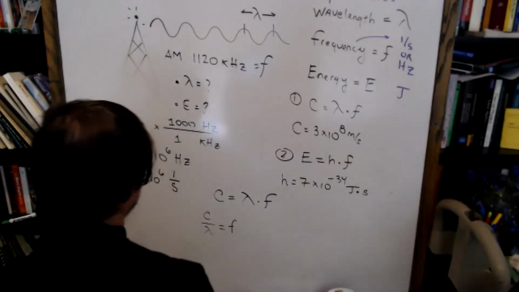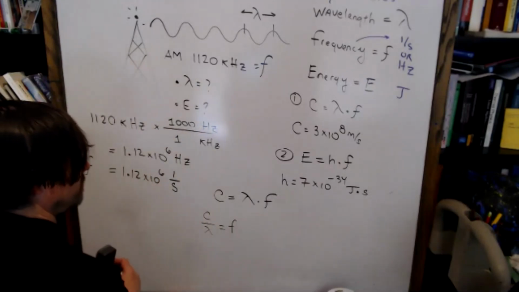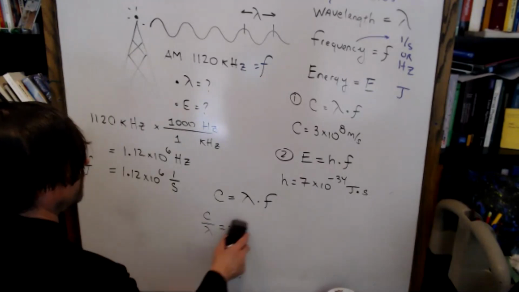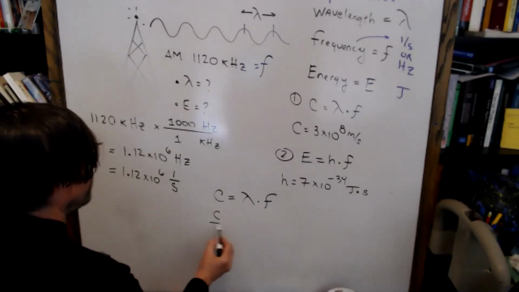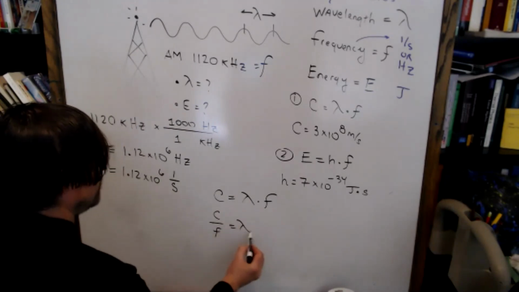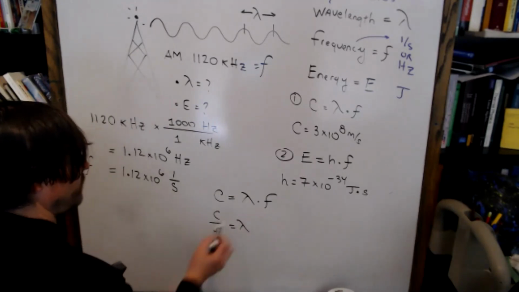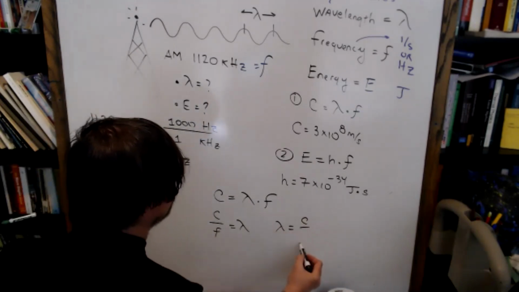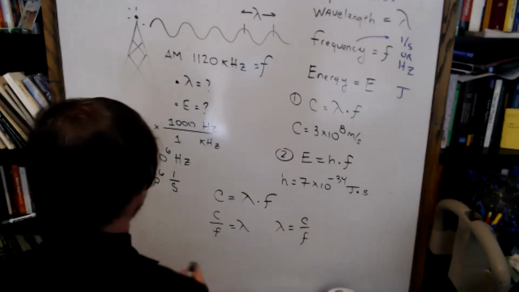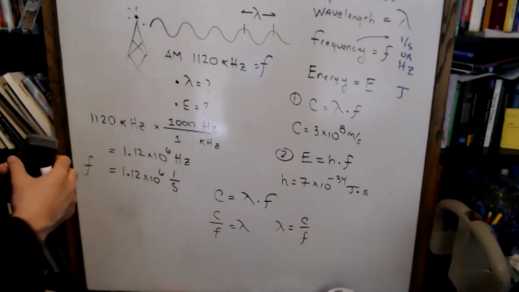Oh, so would it be C over frequency equals lambda? That's right. If you push the frequency down here, you have C divided by frequency equals lambda, which is the same thing as wavelength is the speed of light over the frequency. They're symmetrical, right? Yes. Okay.